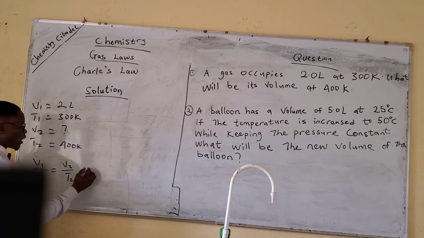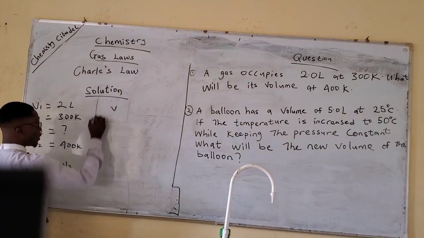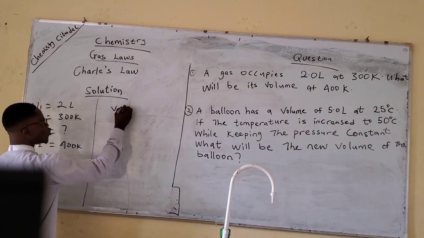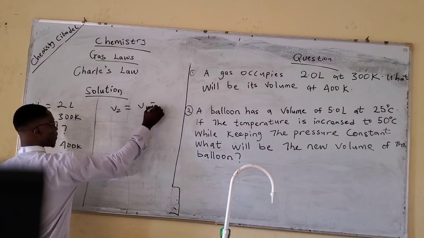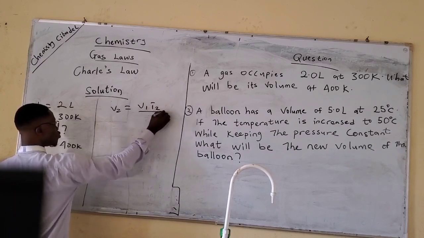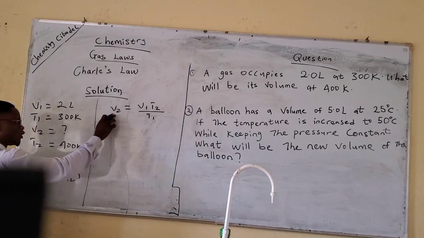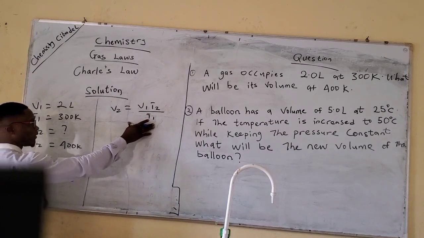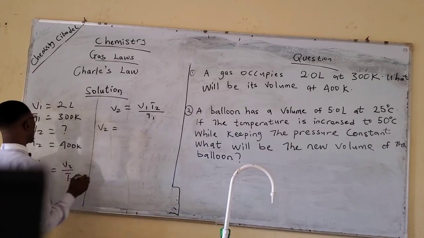We'll make V2 the subject of formula. So here we'll be having V2 is equal to V1 times T2 over T1. If you make V2 the subject of formula from here, this is what we have. Then you try to plug in the numbers.